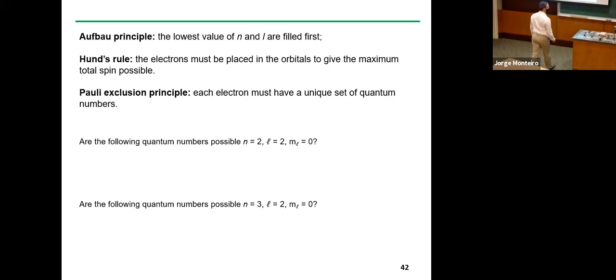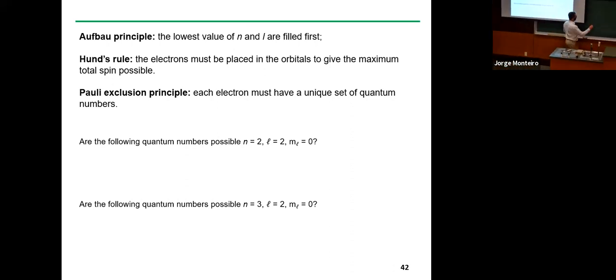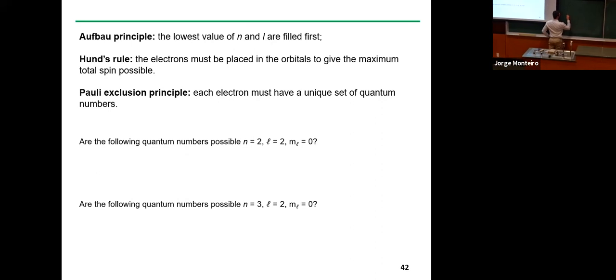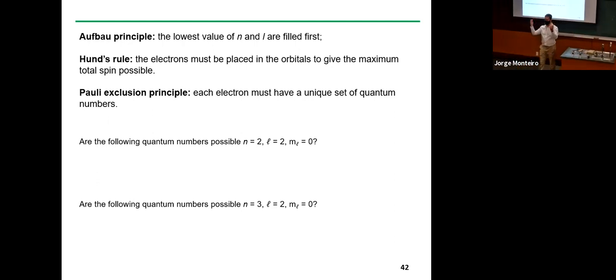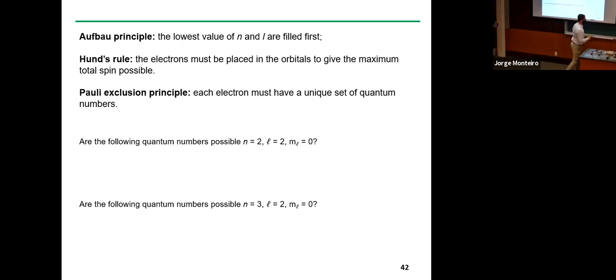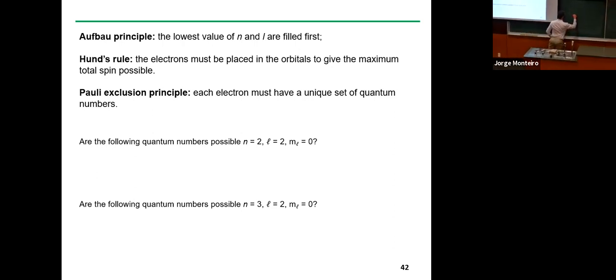All right, so remember, each shell is composed of subshells, and that's l. The number of subshells goes from 0 all the way to n minus 1.